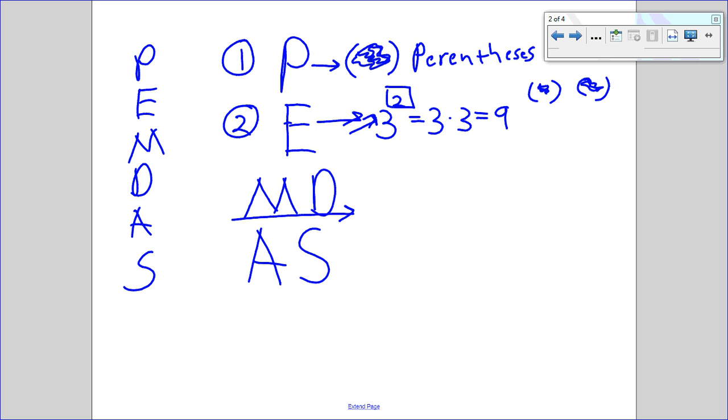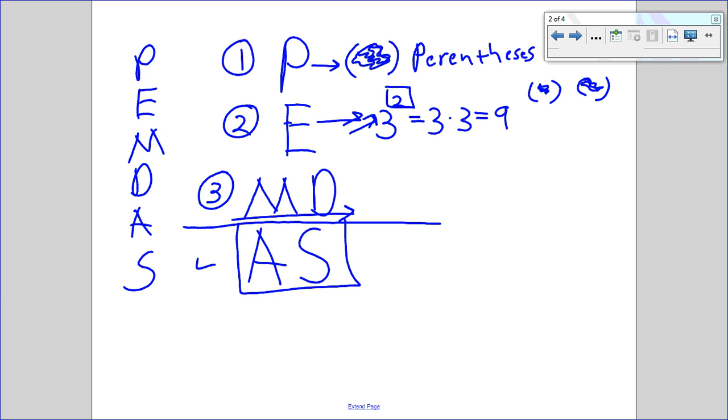The key thing to remember is you must finish all multiplication and division before you do any addition or subtraction, okay? Before you do any addition or subtraction, you must actually be finished with the parentheses, the exponents, all the multiplication and division, and then you can go on to any addition or subtraction you have. You save that for last.